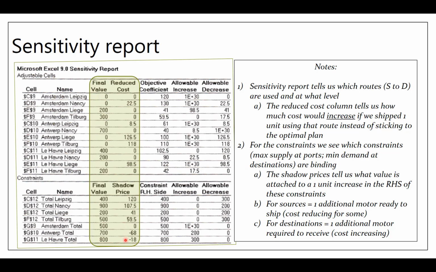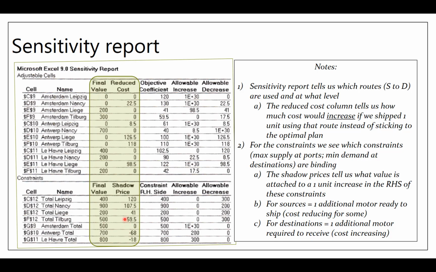So what's going on here is you rank these from smallest to largest, and the largest of the sources is 0, right? That's larger in value than -68 and -18, and it's the worst source. The best source is the one with the best cost reduction potential, and that's Antwerp.